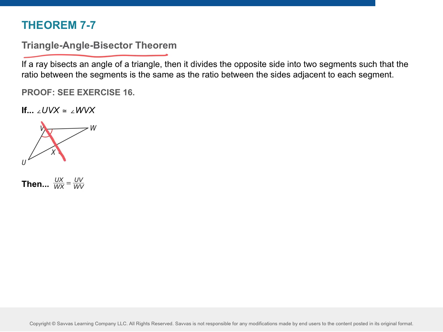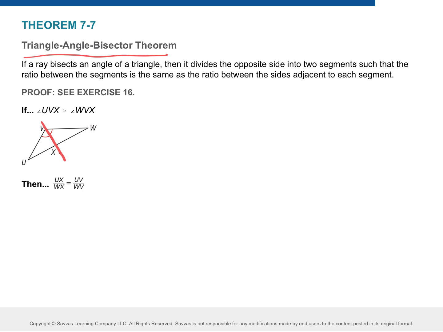I want to ask you, does that mean that these two sides are congruent to each other? No, okay? Angle bisector has nothing to do with the side that it's going through. All it has to do with is splitting this angle in half. So, similar to what we've been doing, we set up a proportion if we wanted to find missing sides. What they set up is UX over WX equals UV over VW.